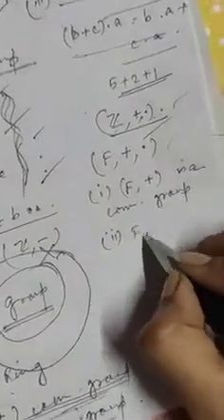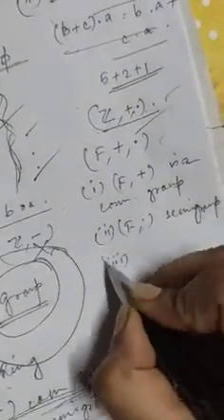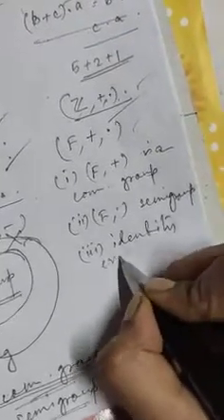Number 2, F comma dot is a semi group. Then number 3, identity also exists for dot, that is for multiplication.